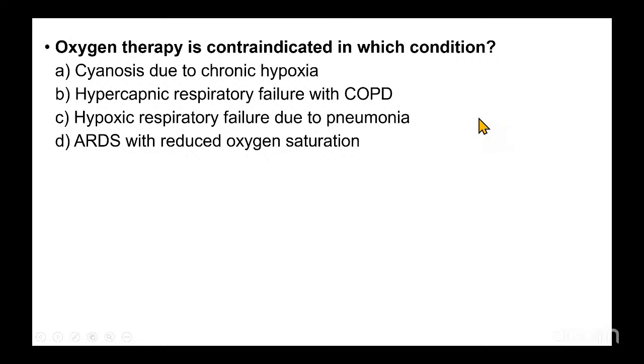So oxygen therapy is contraindicated in which of the conditions? This is something you have to understand now. In certain situations, CO2 is a little high because of some problems in the lungs.